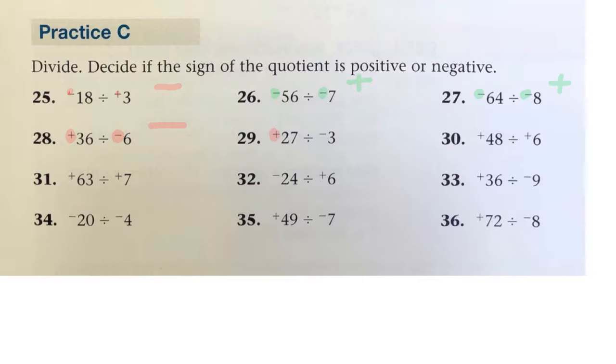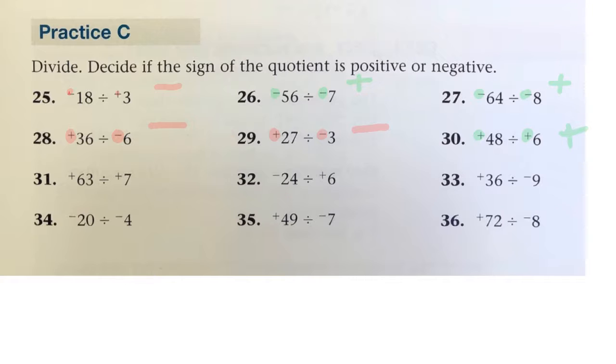If the signs are one positive and one negative between the dividend and the divisor, then the quotient will be negative. But if the signs are the same, whether they both be positive or they both be negative, the answer will be positive.